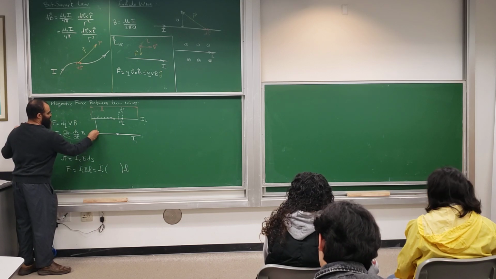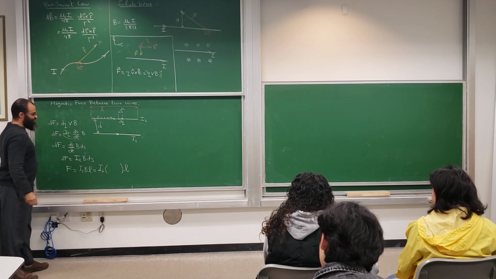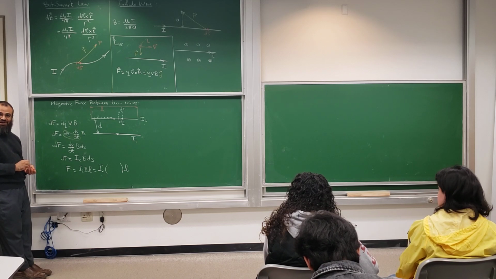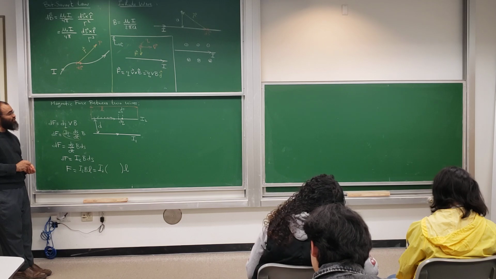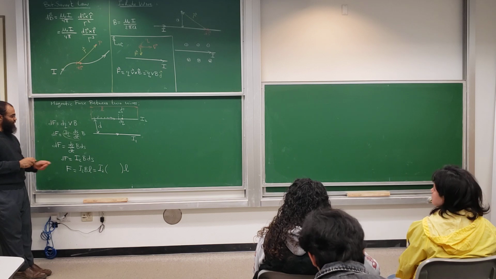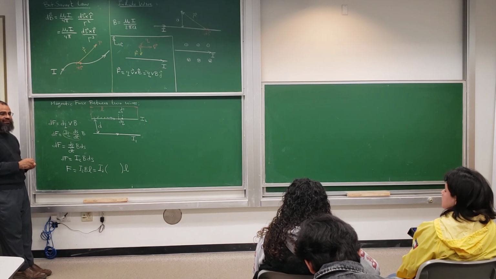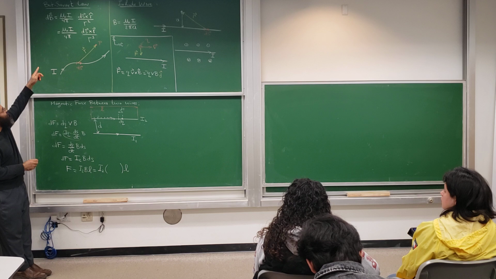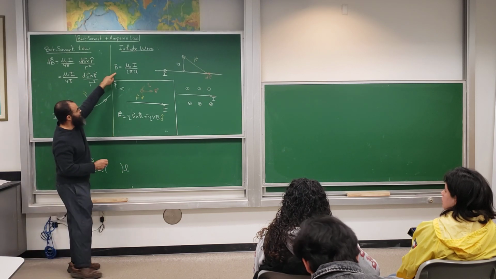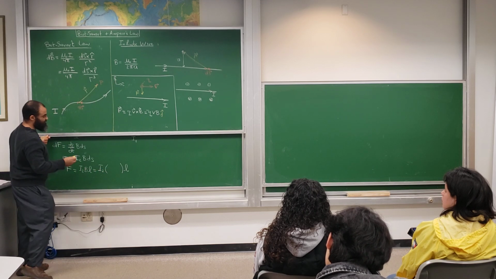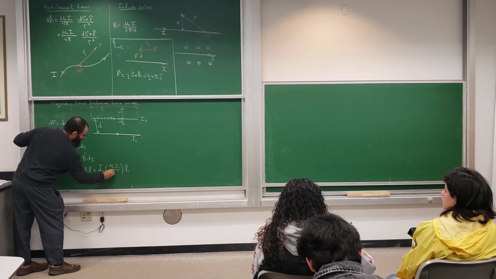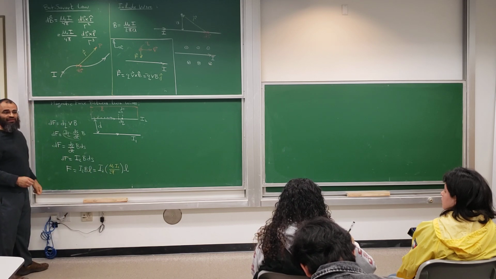Let's say the distance between the two wires is d. Who is producing this magnetic field? I1, wire 1. Wire 1 produces the field, and wire 2 feels the field. So what's the magnetic field? Not I2, I1. Mu naught I1 over 2 pi, and how far are the two wires apart? d, not a.